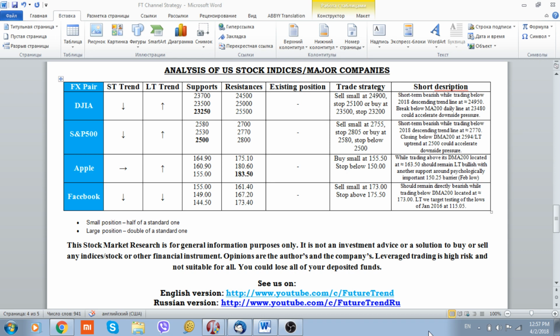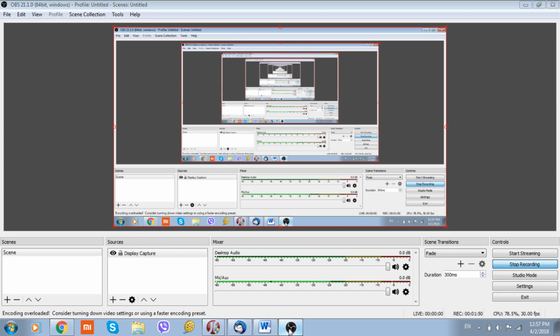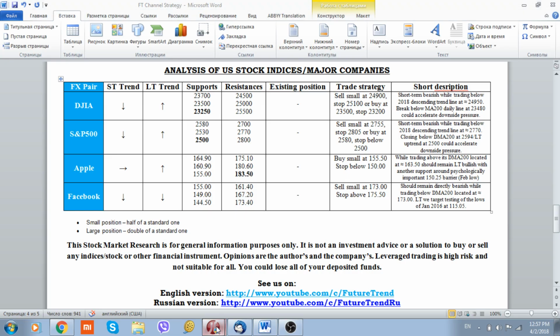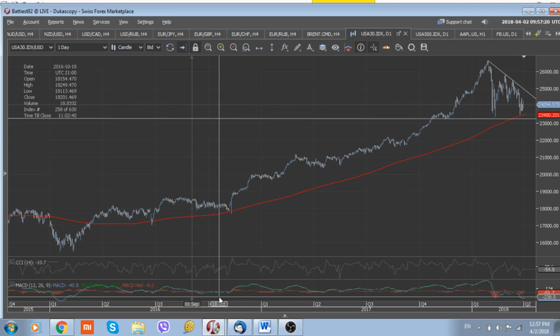So, let's start. First of all, let's see the graph of the Dow Jones Industrial Average. As you can see, starting from the end of January, the market is in a down move, the so-called correction of overbought conditions.